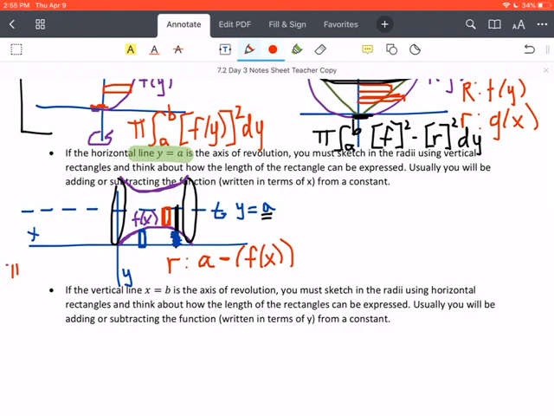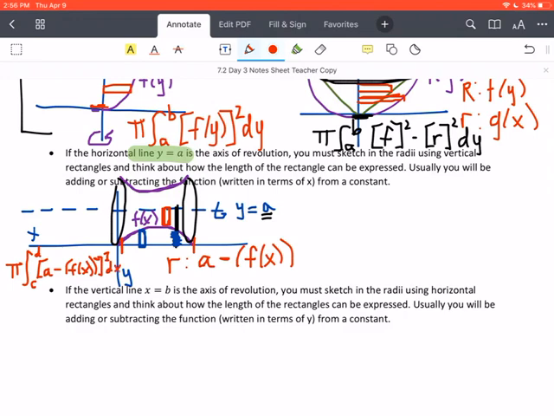Okay, our integral is going to go pi from, I'm going to use c and d, those come off still of your x-axis because that is horizontal. And we are going to be looking at a minus f of x, quantity squared, dx.